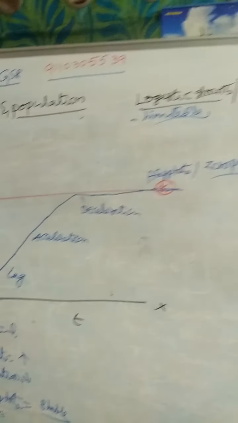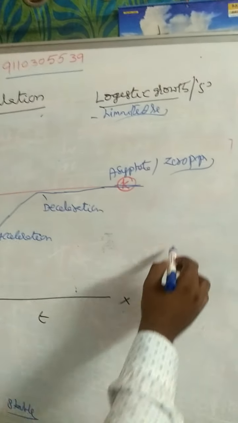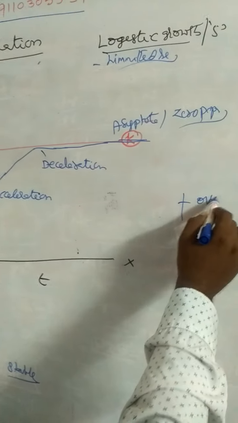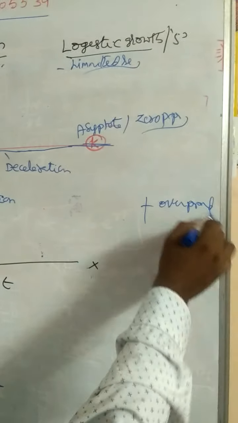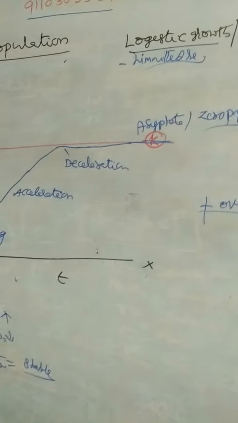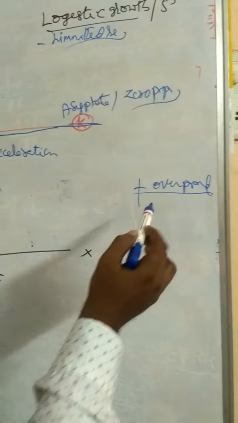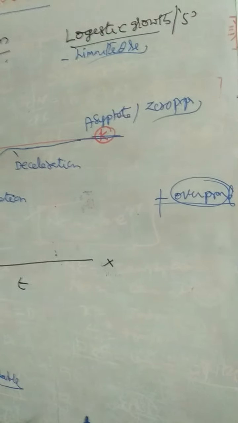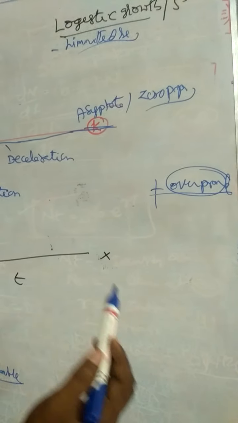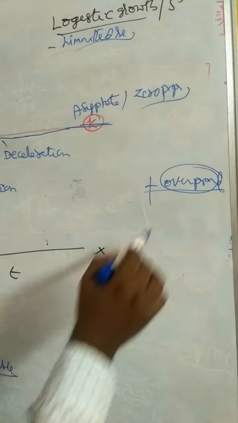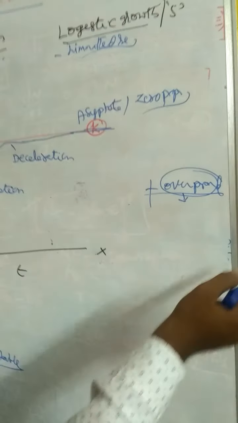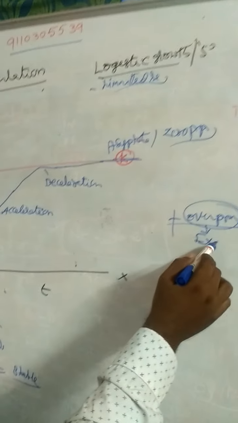According to Darwin, first one is overproduction or prodigality. Each and every organism has the capacity to produce more individuals whenever the conditions are favorable. Overproduction is exhibited by exponential growth.